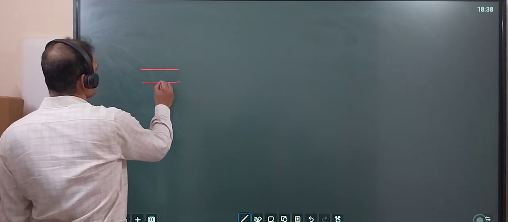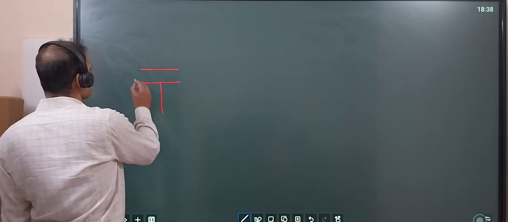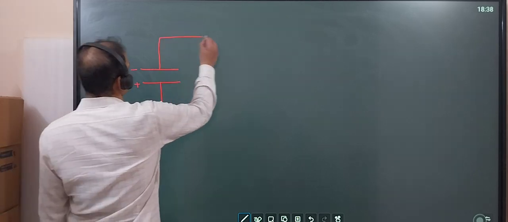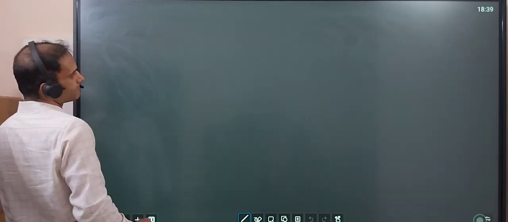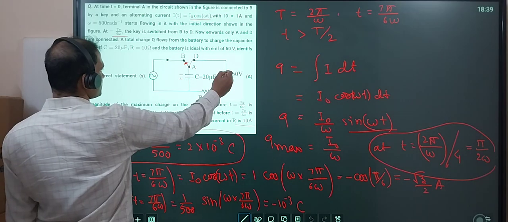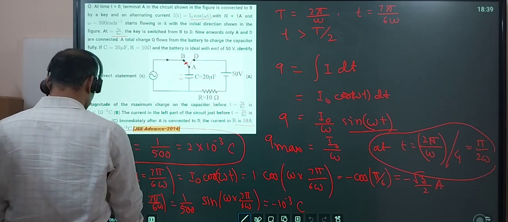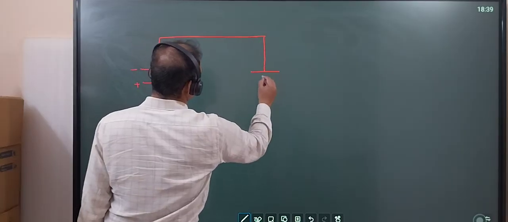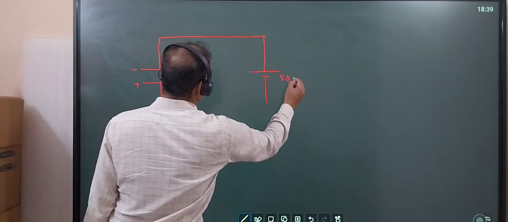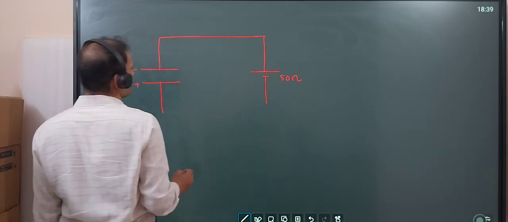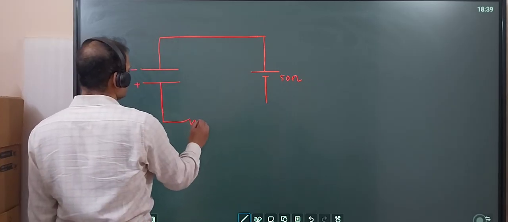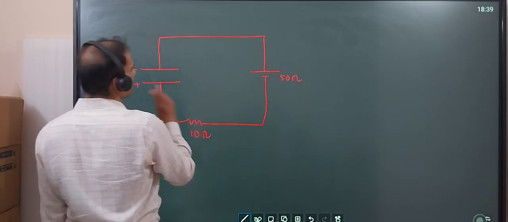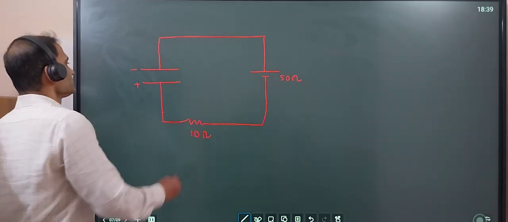So what I wanted to say, this side is positive, this side is negative, and we have a battery like this, 20 microfarad, 10. We have a battery with the positive terminal this way, this is 50 volt, and we have a resistance of 10 ohm, and we have to find the current here.